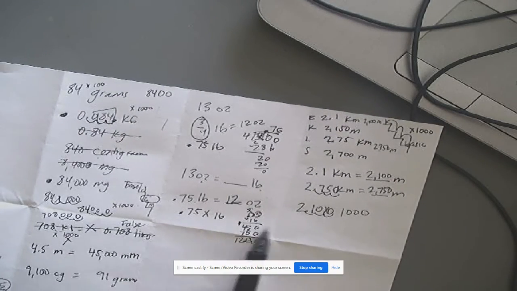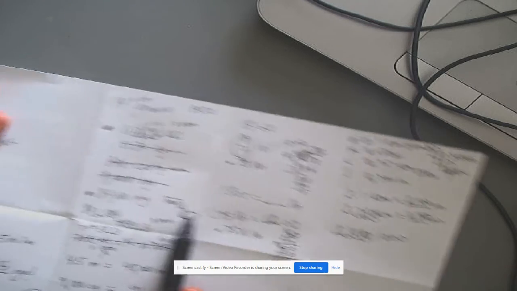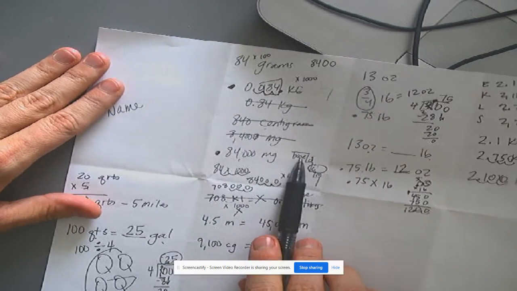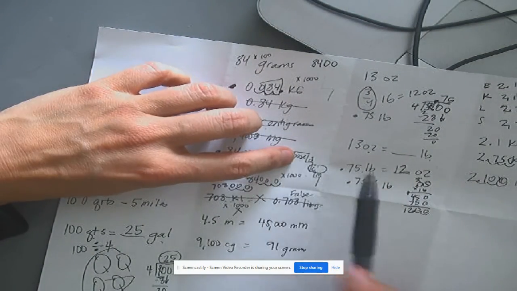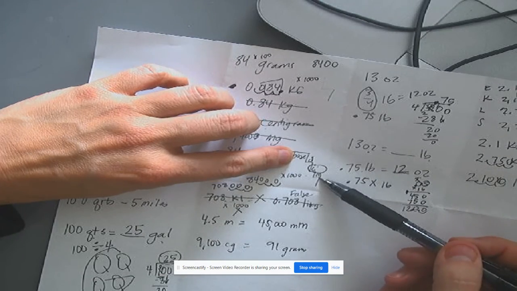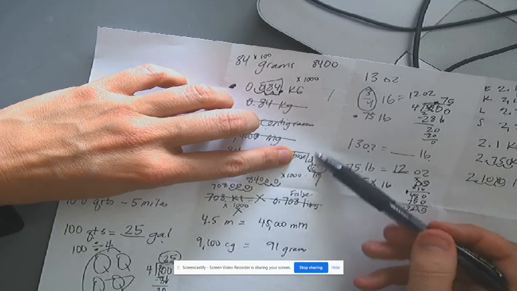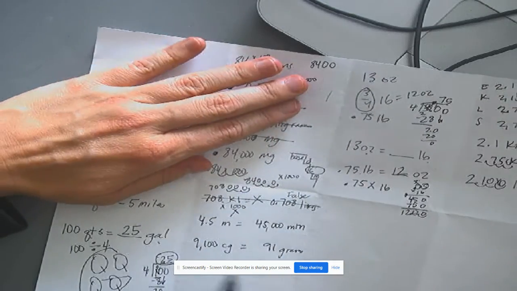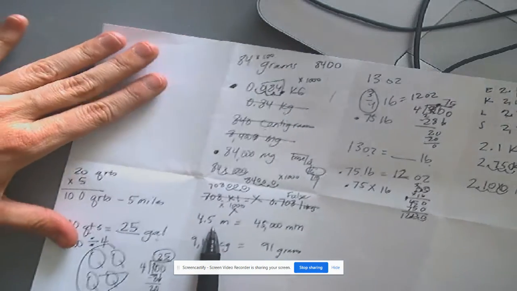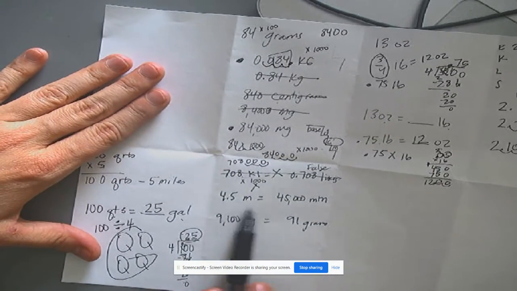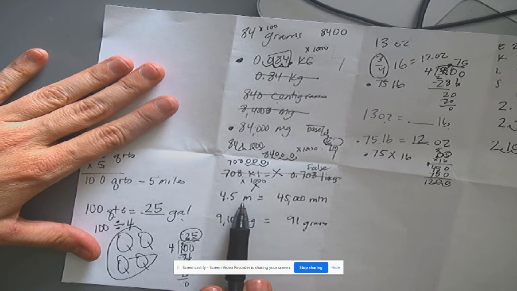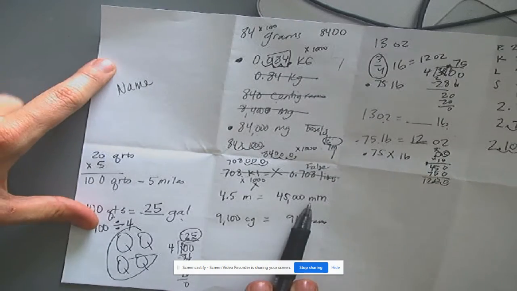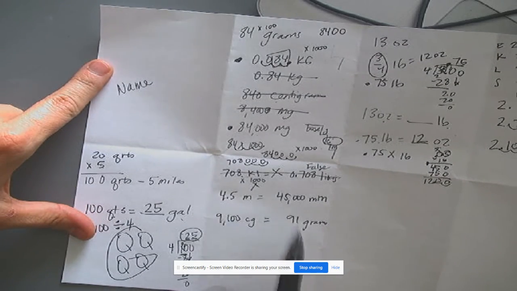Okay, meters to millimeters. Here's our base, which is our meters, and we're going to millimeters. So 1, 2, 3. So we're either going to multiply by 1,000 or divide by 1,000. Well, let's ask our question. Large to small, small to large. We're going large to small. So horse to fly, multiply.